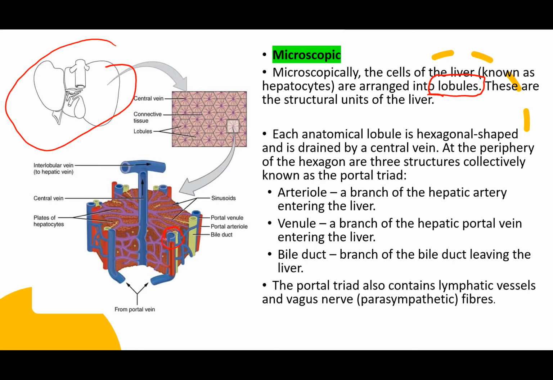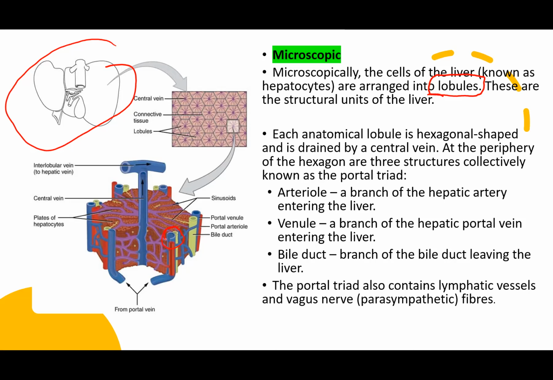Both the hepatic artery and the portal vein bring blood to the liver, and the bile duct takes away the product of metabolism, bile, away from the liver, and the central veins all coalesce to form the hepatic vein, which drains blood away from the liver.